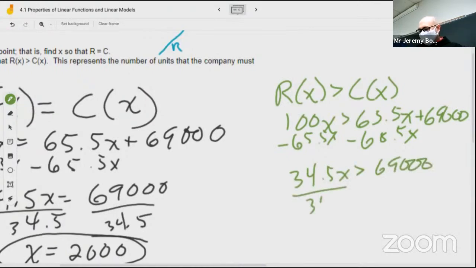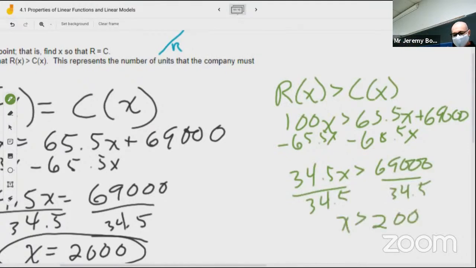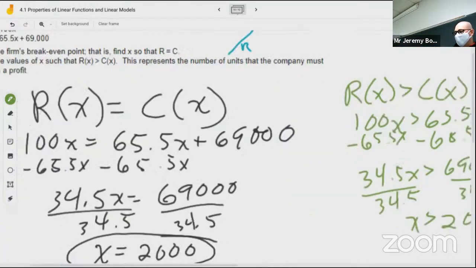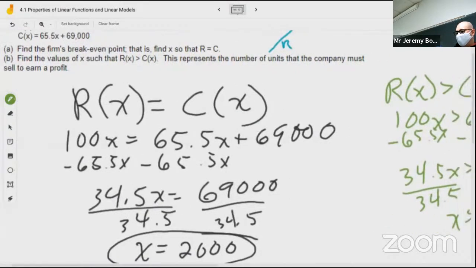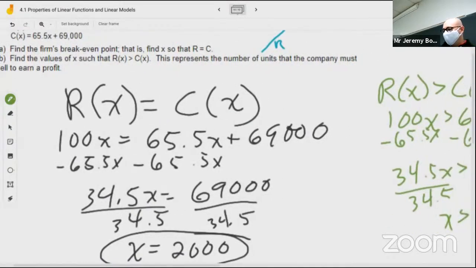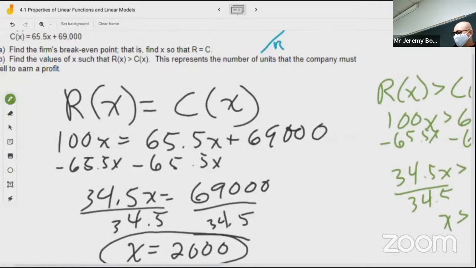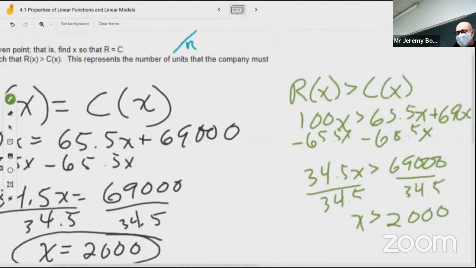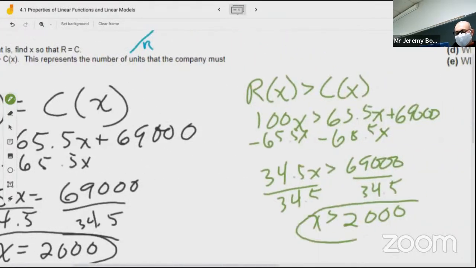Divided by 34.5, and we'll get x is greater than 2,000. So for what values of x such that R of x is greater than C of x, we want to represent the number of units the company must sell to earn a profit. That means that the company needs to produce and sell more than 2,000 units to make a profit.